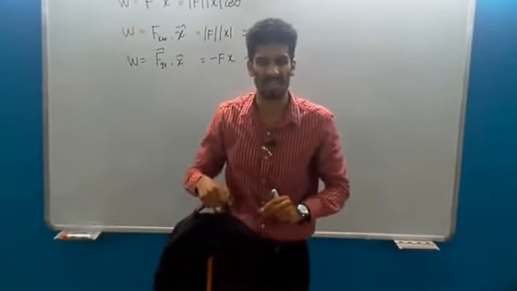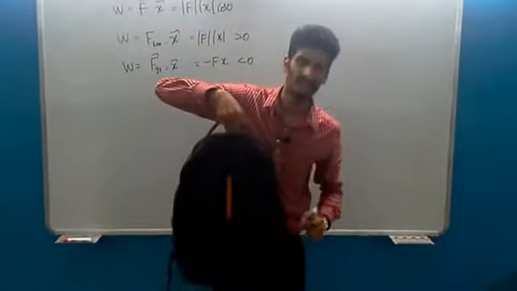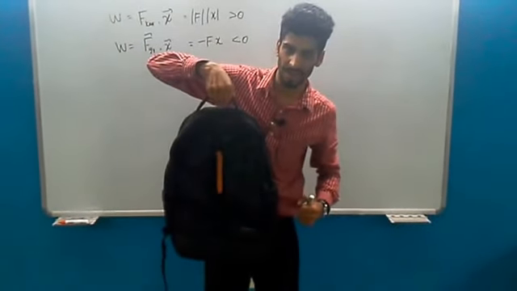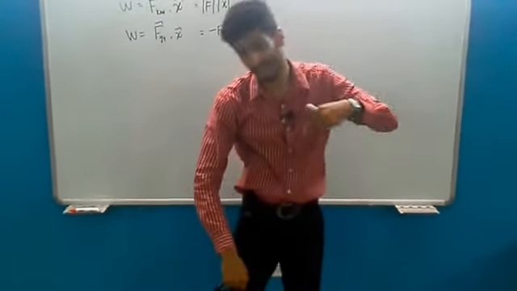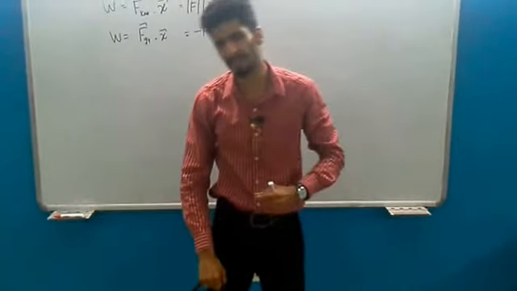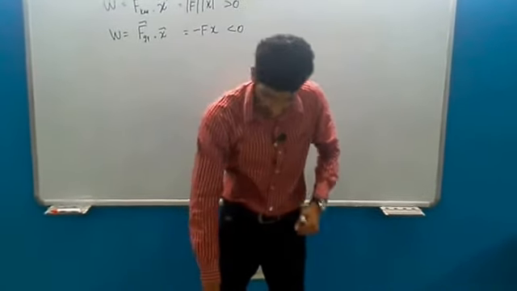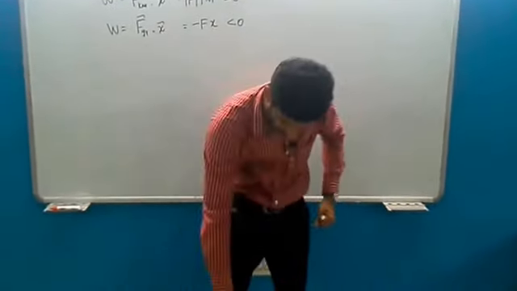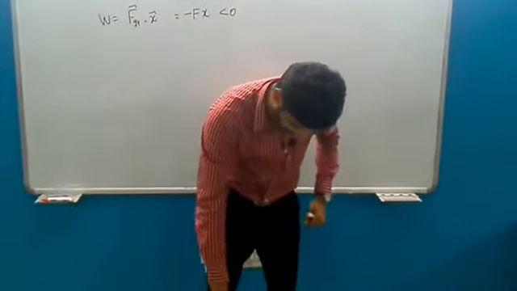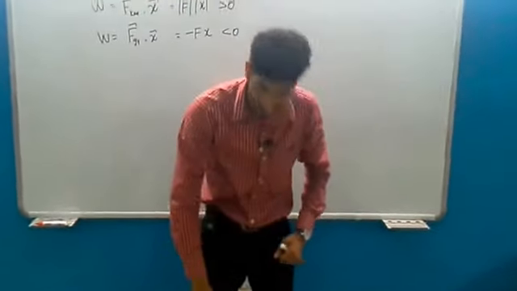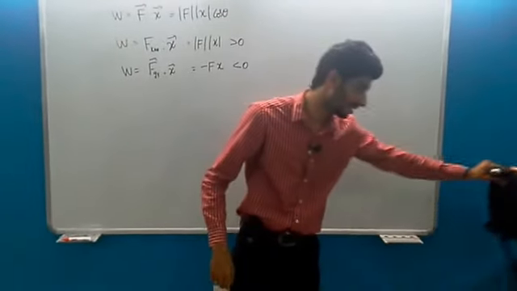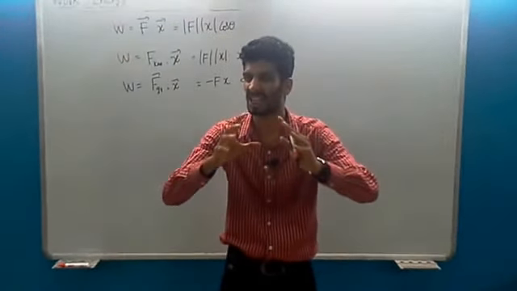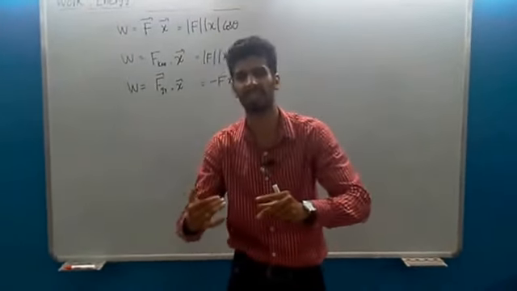So I'm doing positive work, gravity does negative work. When I do the reverse, I'm doing negative work, gravity does positive work. So I can keep doing this from morning to evening. Positive work, negative work. Don't get confused with the word tiredness and work.